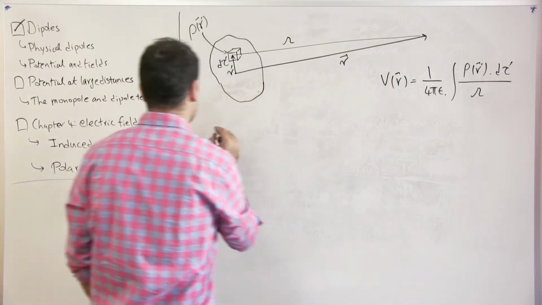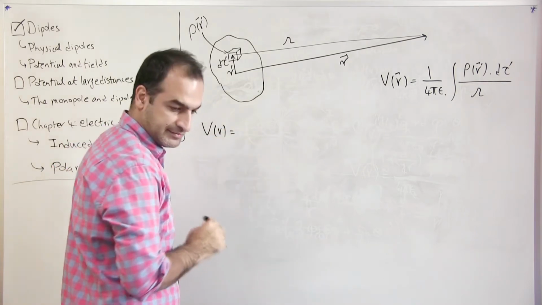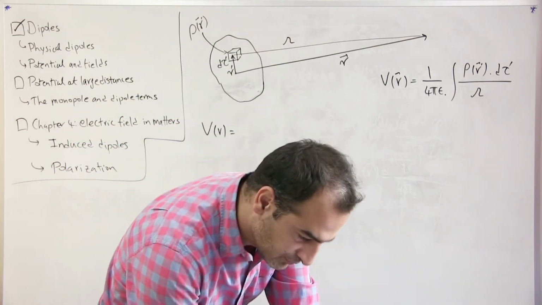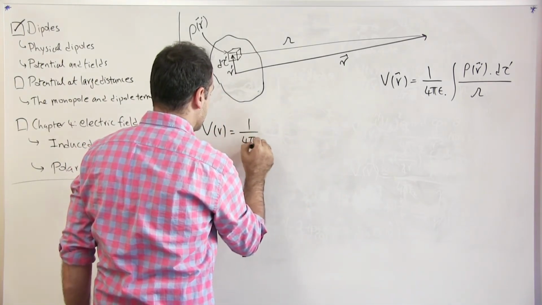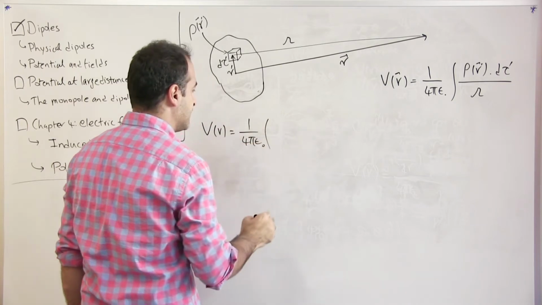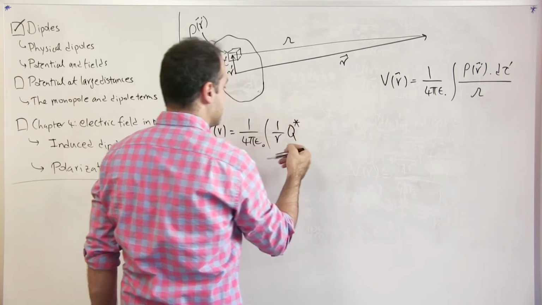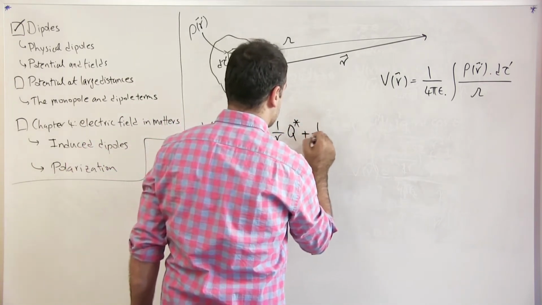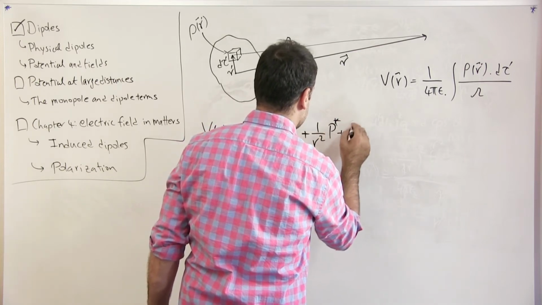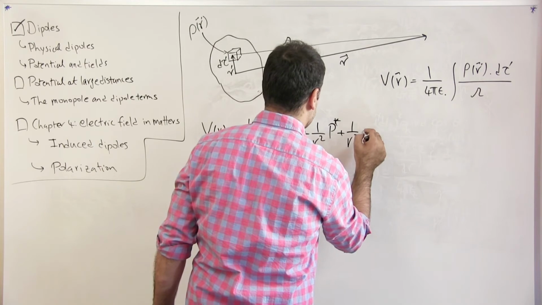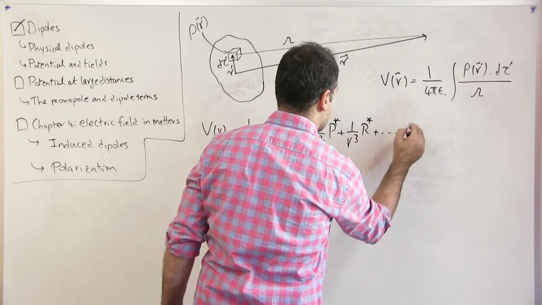What I mean is this: I want to have V of r calculated as 1 over 4 pi epsilon 0 times 1 over r times something, q star, plus 1 over r squared something, p star, plus 1 over r cubed, r star, and so on.